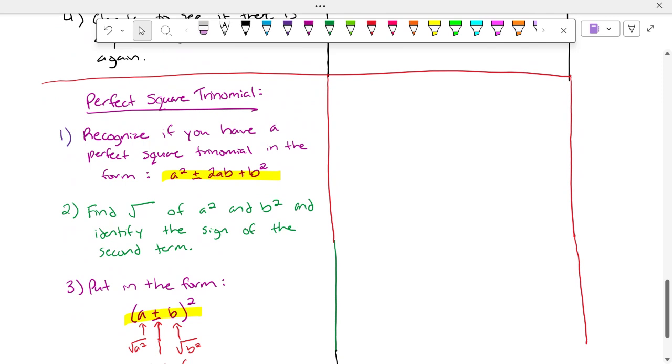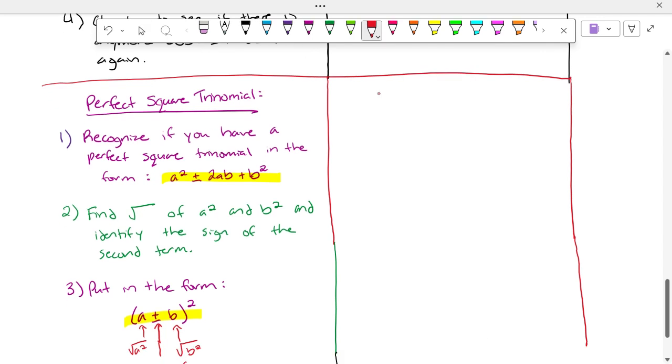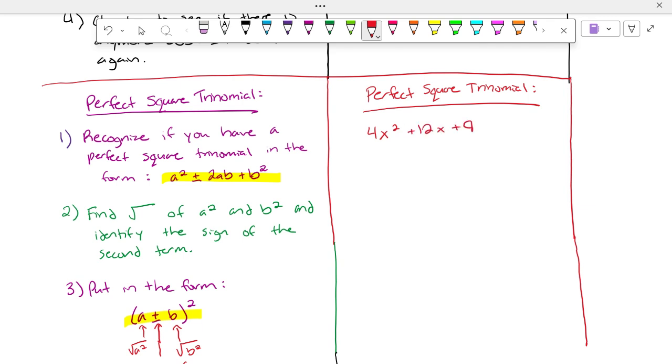All right, an example, I'm going to use example 7 on page 12. So I have 4x squared plus 12x plus 9.